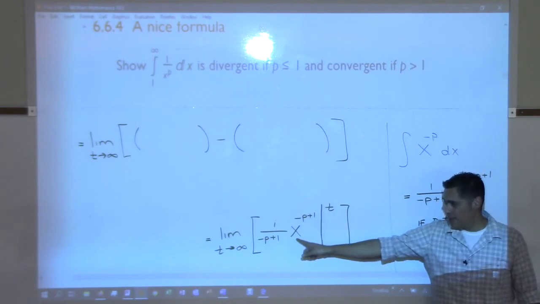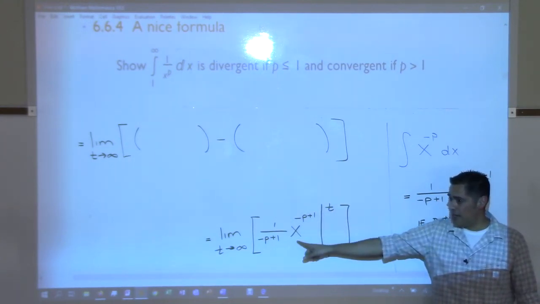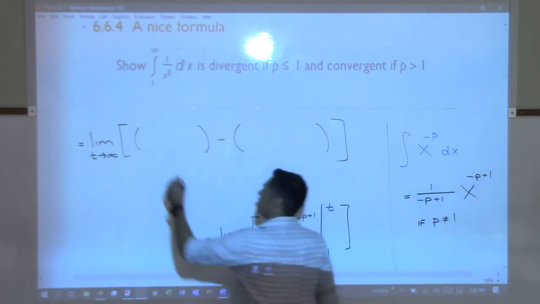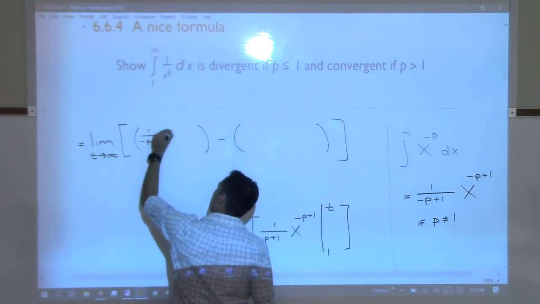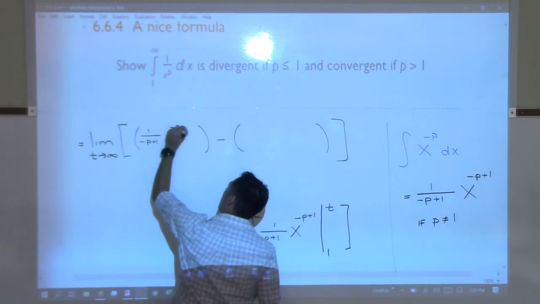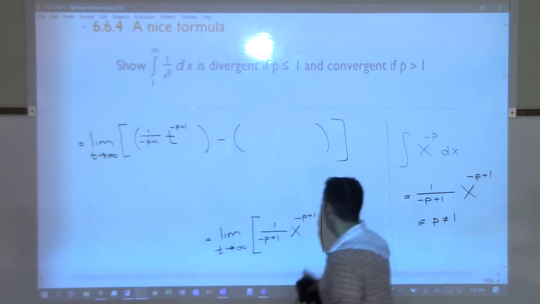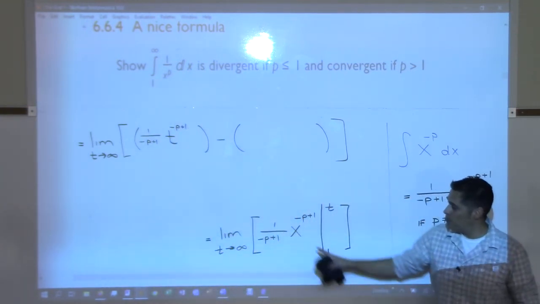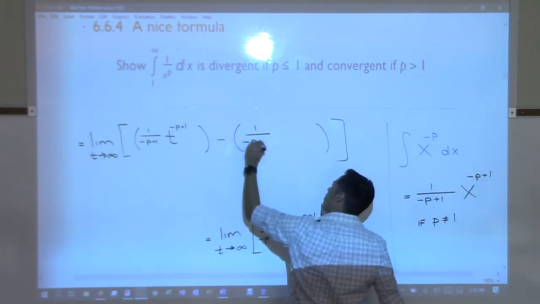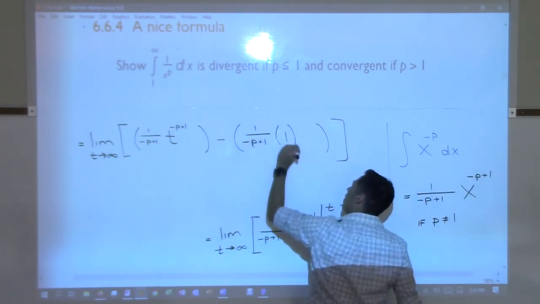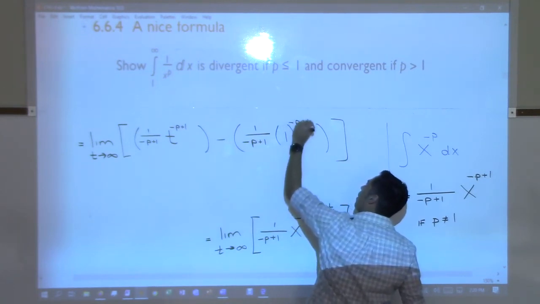For x. We're replacing x with t. So this becomes 1 over negative p plus 1, t to the negative p plus 1. And then we're going to plug 1 in for x, which is 1 over negative p plus 1, and then 1 raised to negative p plus 1.